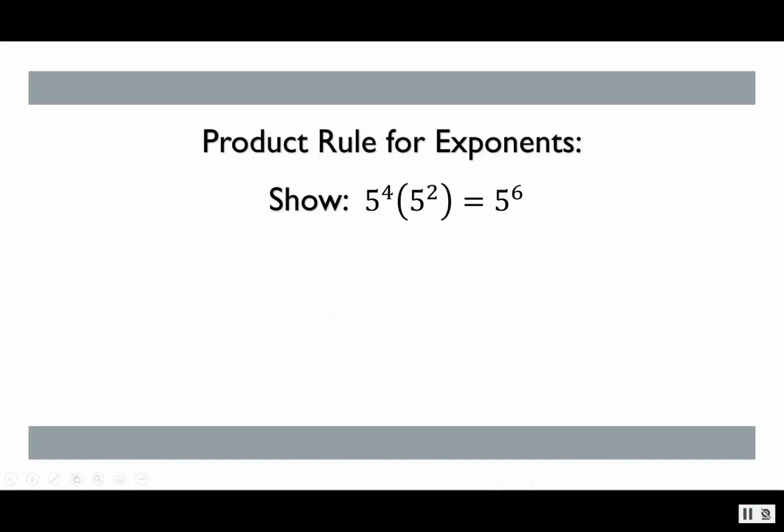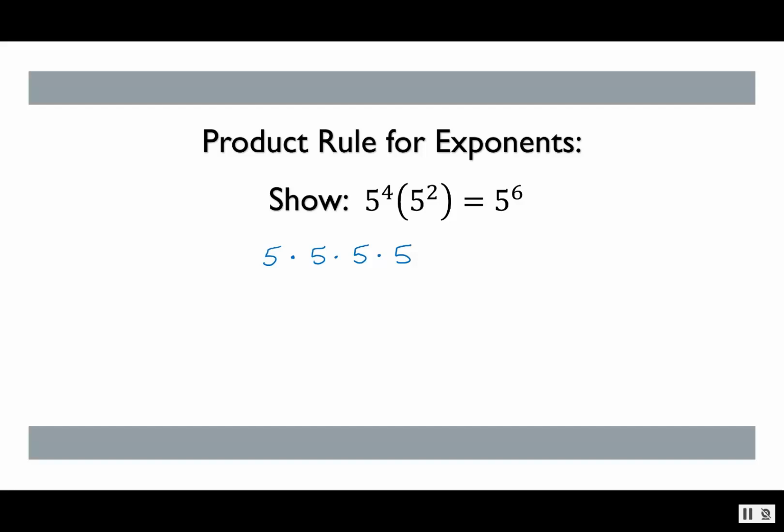Let's explore why the product rule works. Here, we're asked to show that 5 to the 4th power times 5 squared is equal to 5 to the 6th power. Let's start by writing each of these exponential expressions without using exponents. We know that 5 to the 4th power is the same as 5 times 5 times 5 times 5.